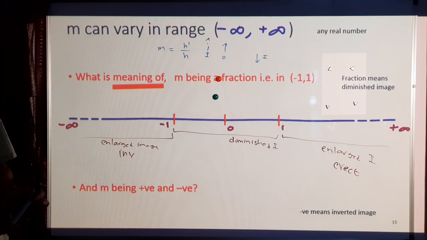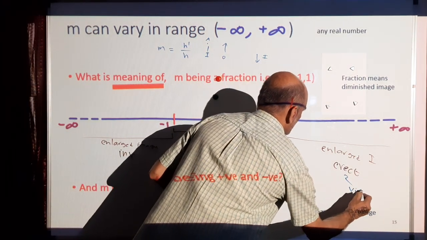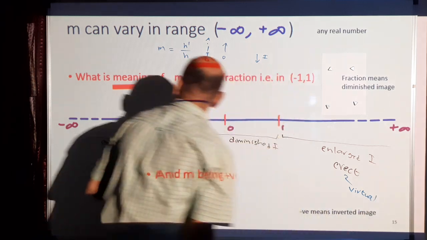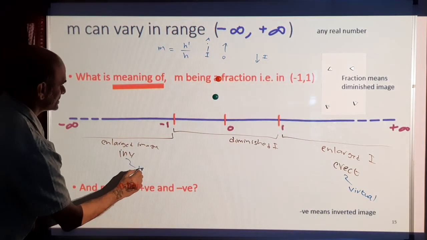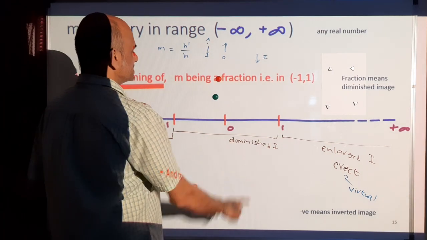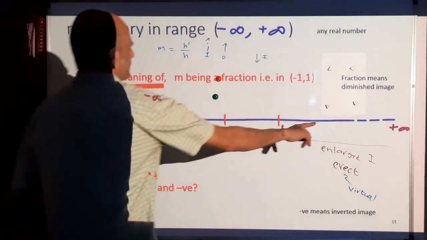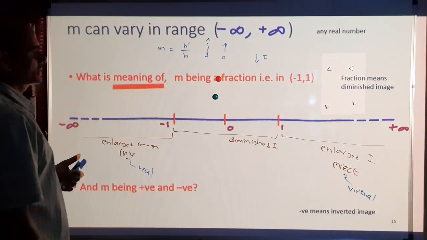And whenever the image is erect, it's a virtual image. And an inverted image is a real image. So these are the different cases. So from 0 to 1, the image is diminished, erect and virtual. Between 1 and infinity, the image is enlarged, erect and virtual.